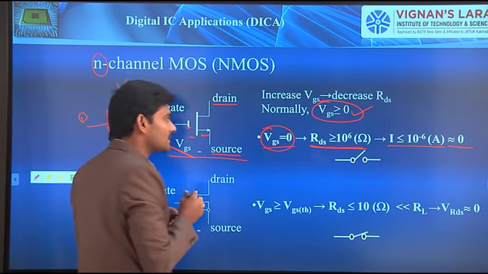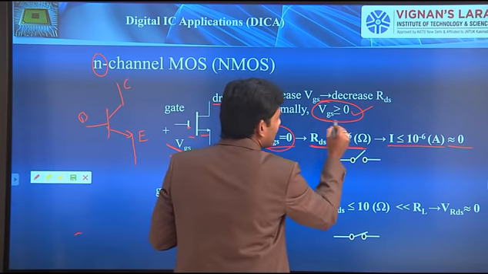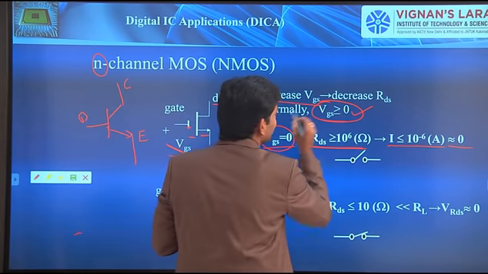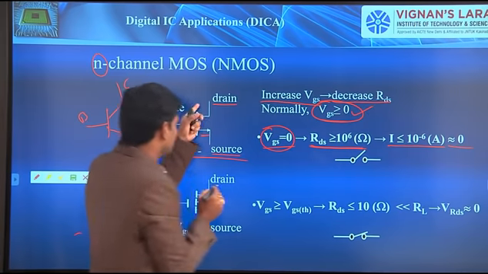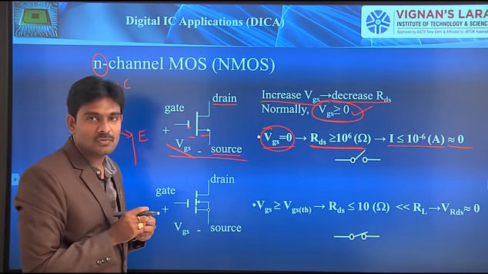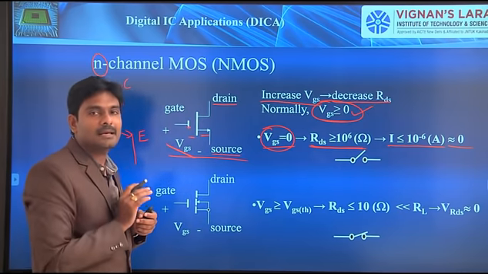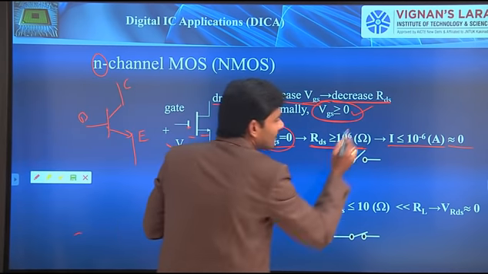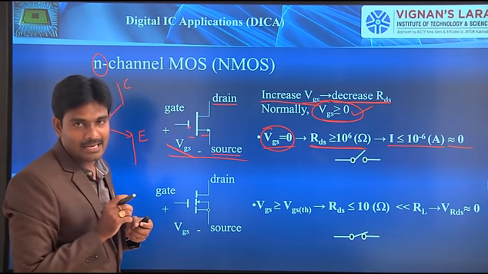And next, coming to the second case, suppose I keep increasing the VGS value. Increasing VGS means, obviously, the resistance between drain and source drastically decreases. By increasing VGS, RDS is going to decrease.